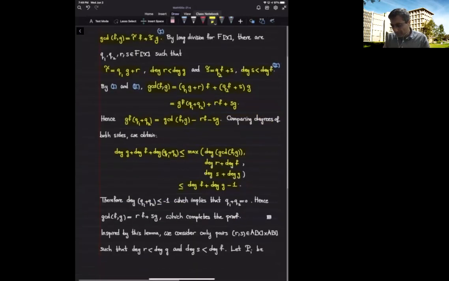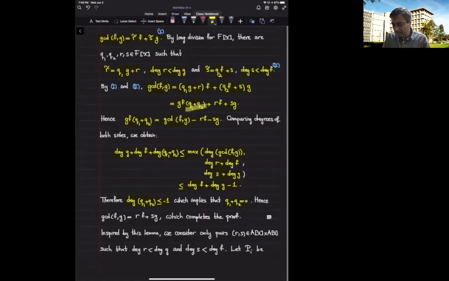Now, I can cancel out these two sum terms, and end up getting the degree of q1 plus q2 should be a negative number. But that's not possible unless this is the zero polynomial. That means q1 plus q2 should be 0. Now that that's 0, this disappears.